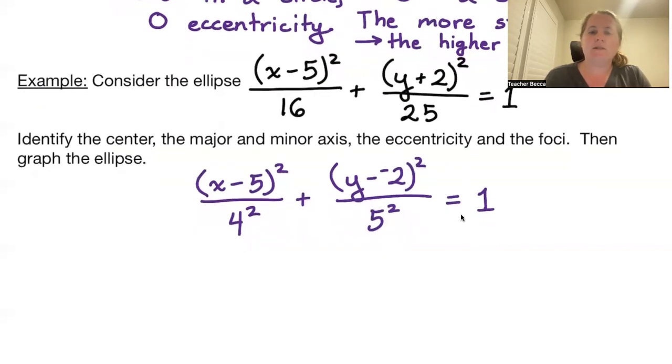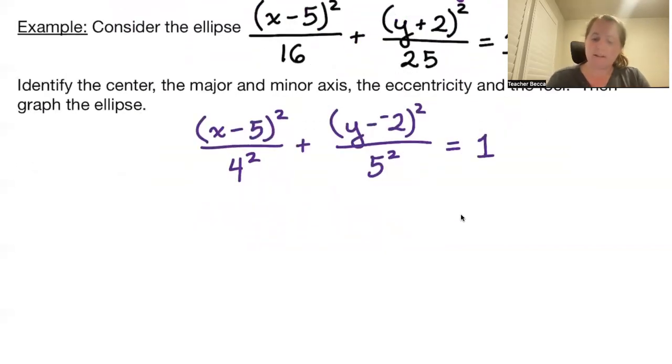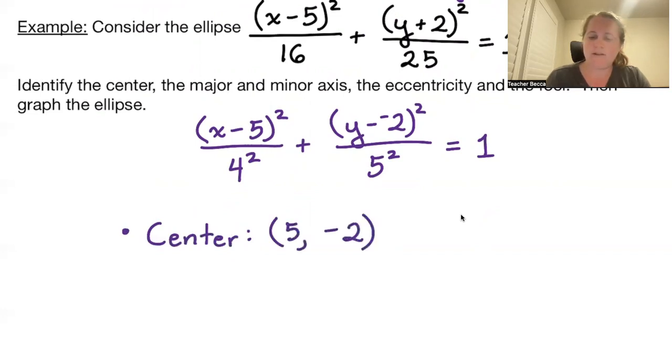Our center is given by what is being subtracted off, so our center would be 5, negative 2. Standard form is x minus h and y minus k, so that 5 is acting like our h, negative 2 is acting as our k.